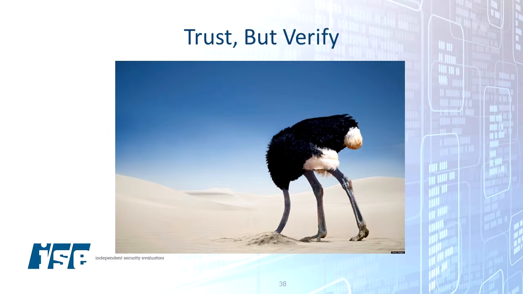Trust but verify. We talked before about being cautious to not just trust and make decisions solely on the claims of a salesperson. Probably my favorite marketing claim that is used widely today is things like bank level security or military grade encryption. Those are ludicrous claims.